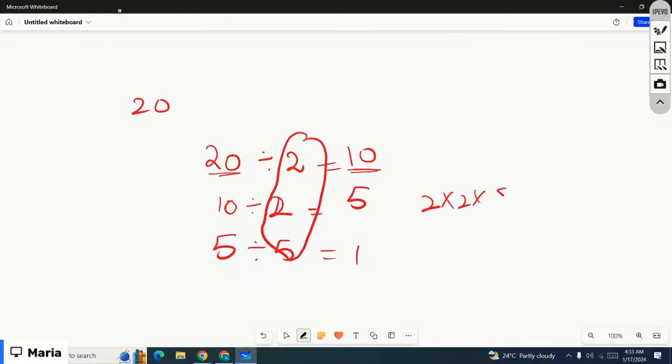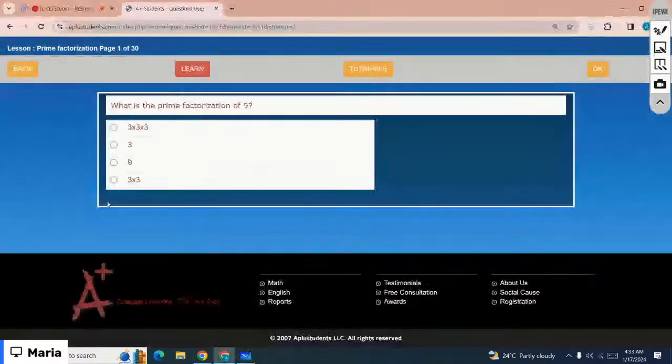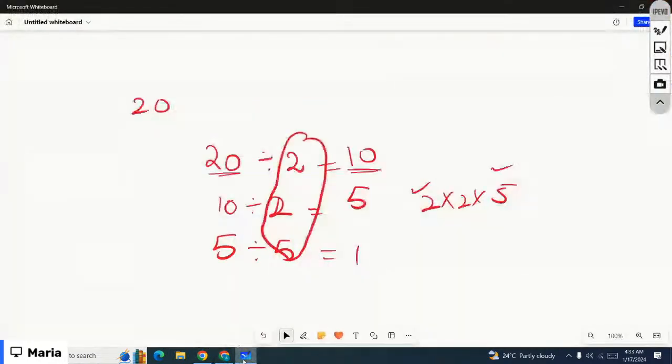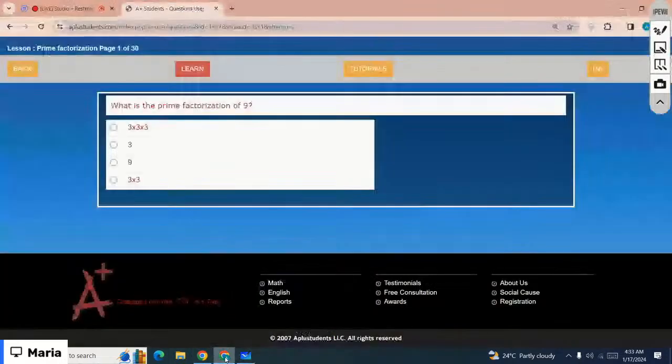So the prime factorization of 20 is 2 times 2 times 5. 2 is prime, 5 is prime, right? So whenever you have to find a prime factorization, you keep dividing the number by the smallest prime number until you get the answer 1.